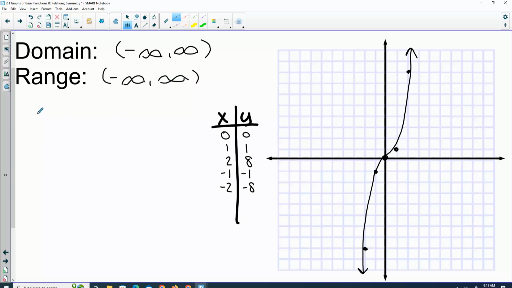Is this graph increasing, decreasing, or constant? Increasing the entire time. Is that okay?